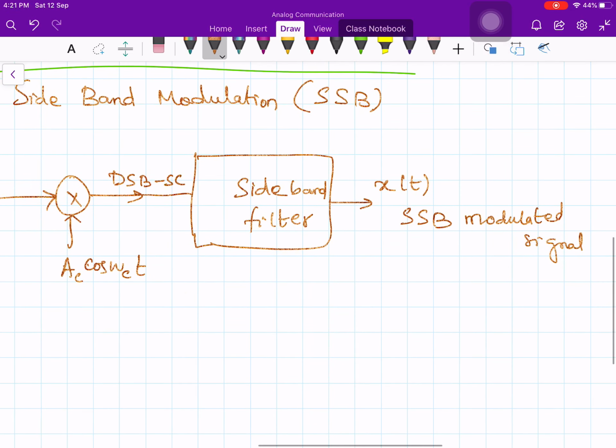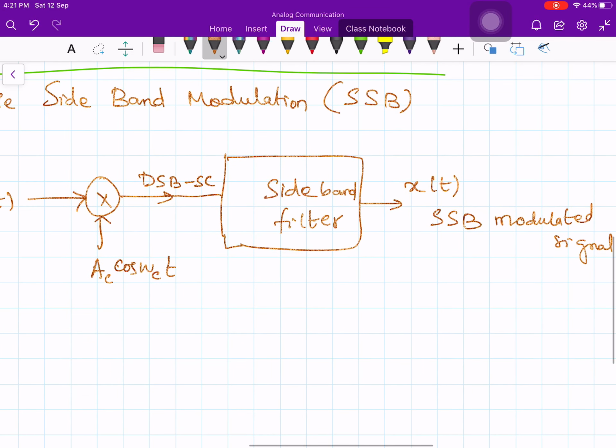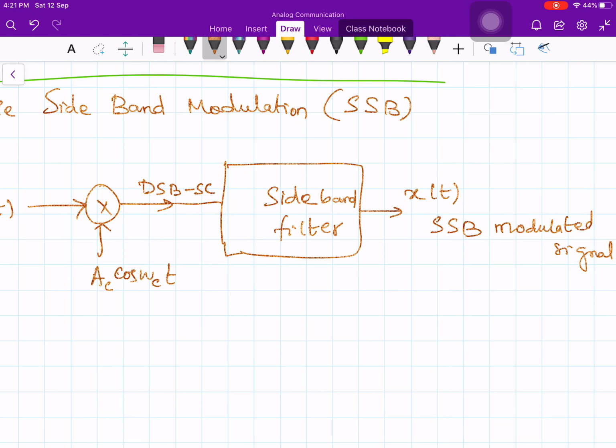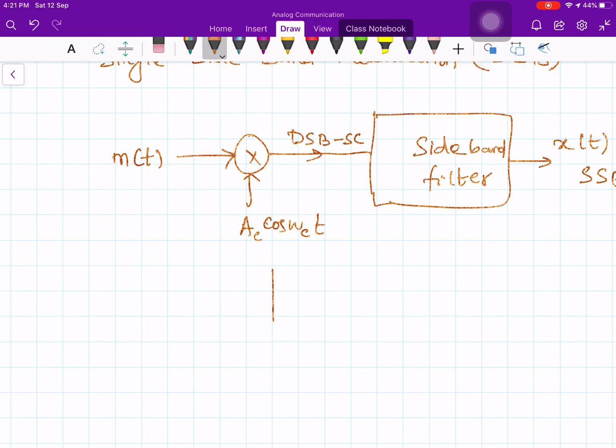Okay, so now we want to remove any one of the sidebands. So you have to have some kind of filter such that it removes any one sideband. First look at the whole thing in the frequency domain. Instead of talking about it in the time domain, let us look at the whole thing in the frequency domain. Let's say my spectrum is like this.